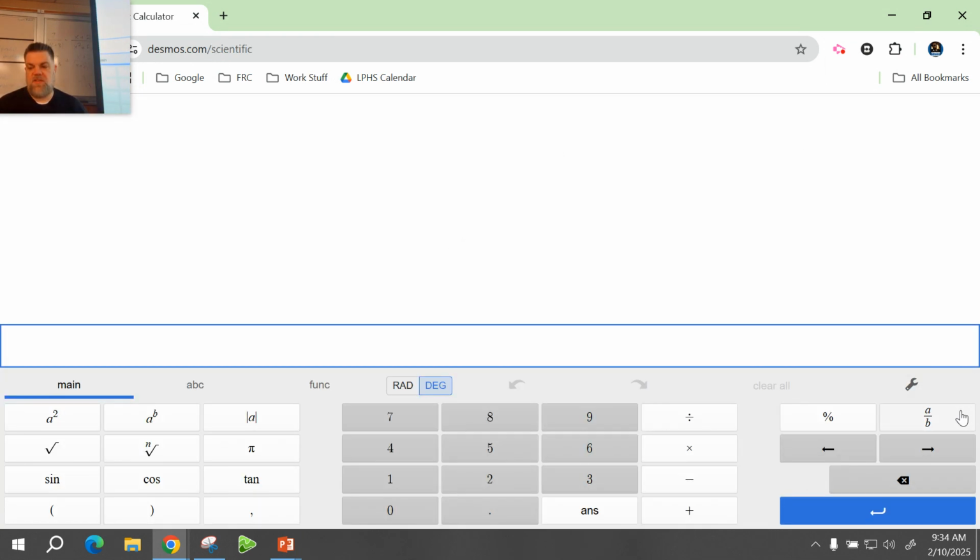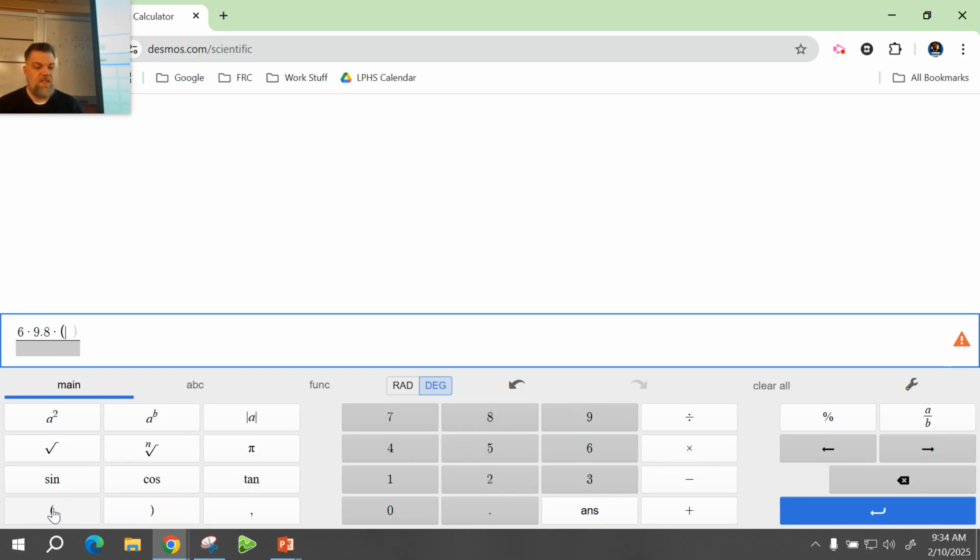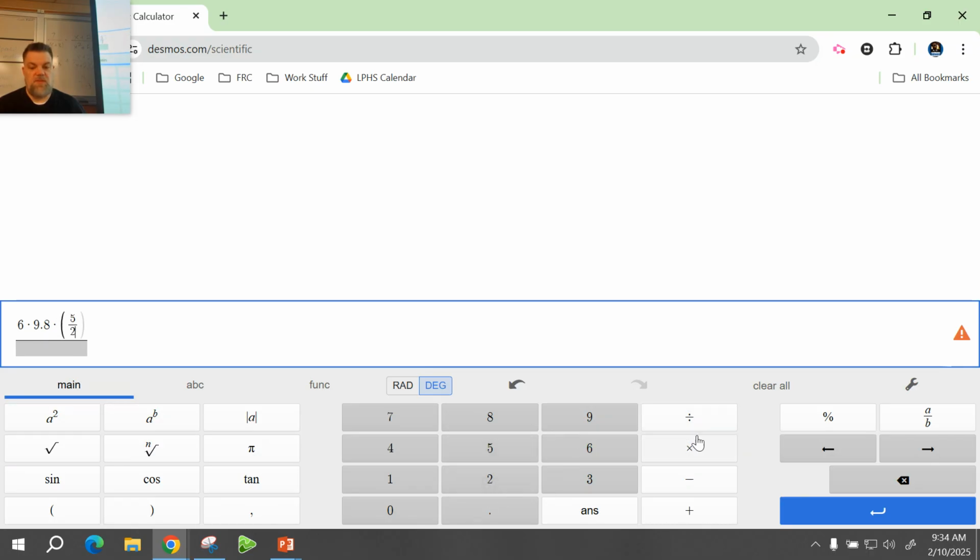So you could do this in your calculator this way: 6 times 9.8 times, now according to this, it's supposed to be in parentheses, 5 divided by 2.